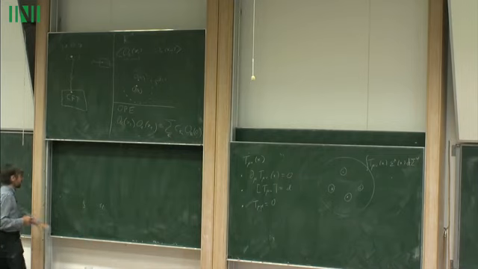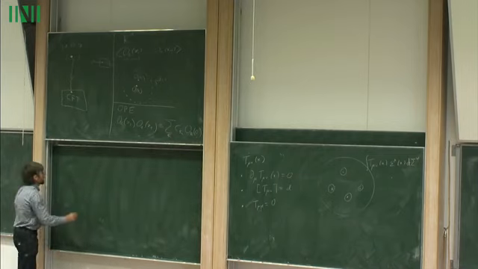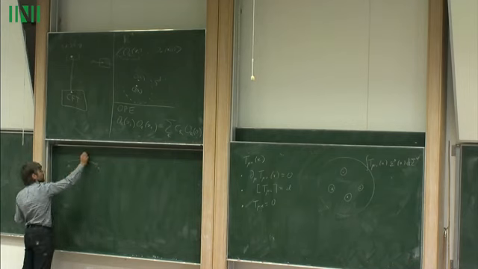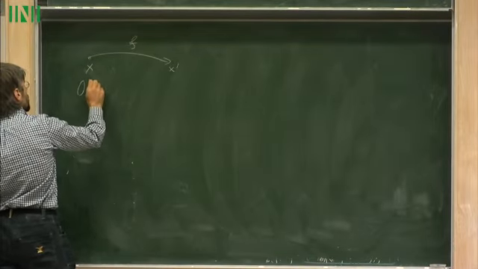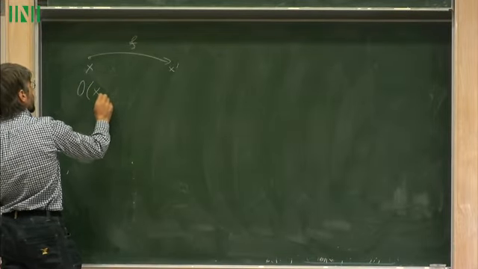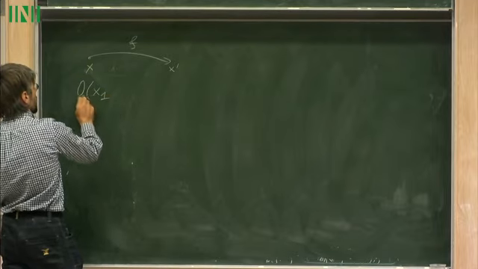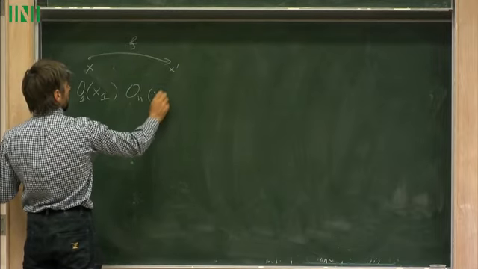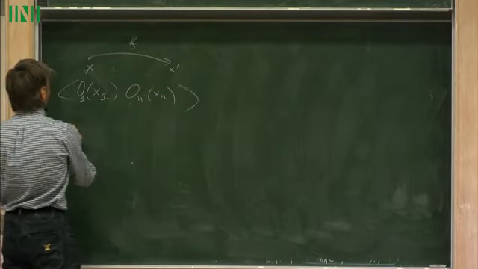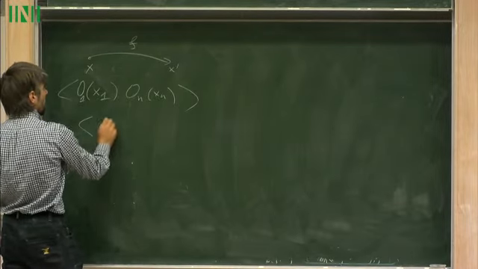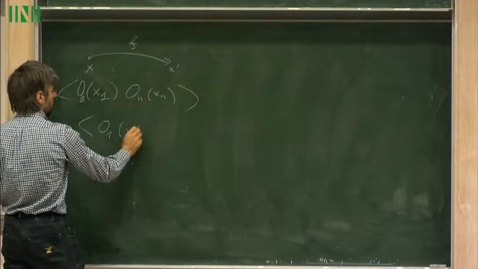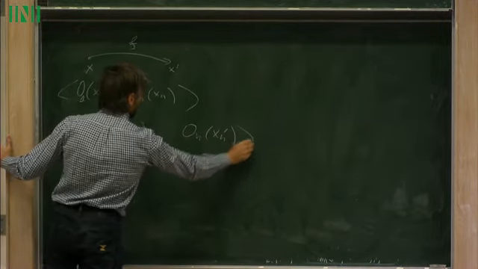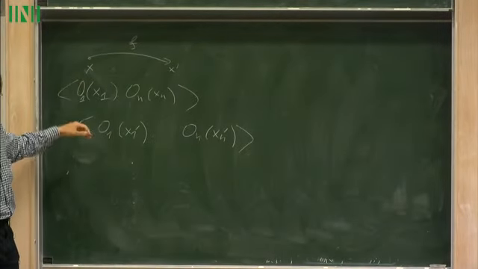There is a rule that tells you that if you apply a conformal transformation from x to x prime, and you have a correlation function of O1(x1) through On(xn), and you have the same correlation function at points x1 prime through xn prime, they are related in a very simple way.